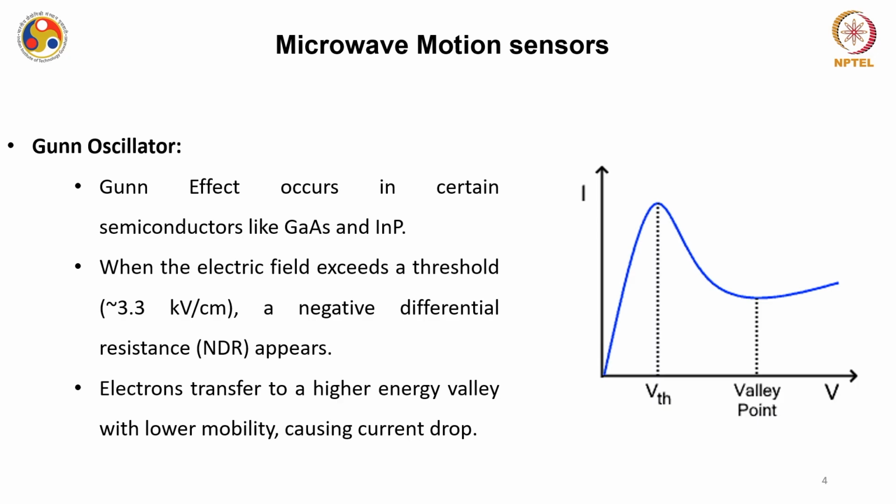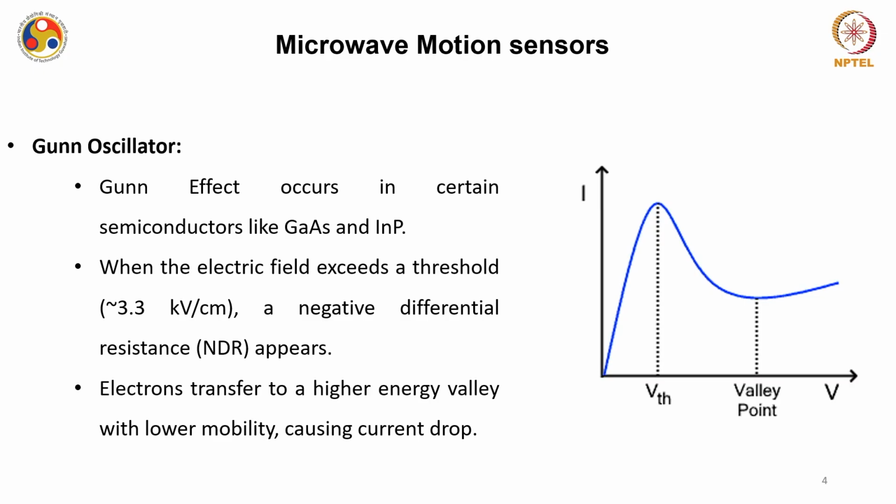When the electric field exceeds a threshold value, a negative differential resistance, NDR, appears, as you can see in the IV curve. This is the negative resistance regime. Because of this, electrons transfer to a higher energy valley with lower mobility, which causes the current drop.